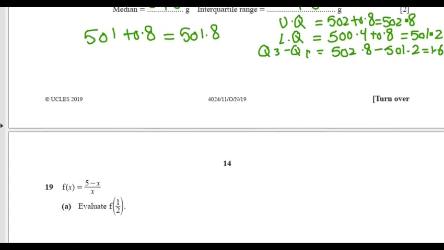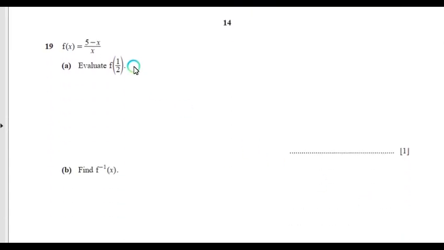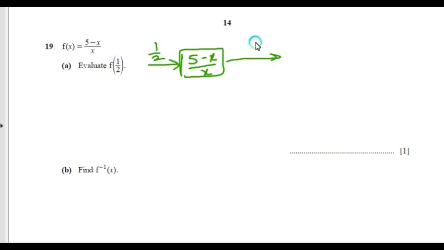And the lower quartile will be 500.4 plus 0.8, which gives you 501.2, right? So the interquartile range, or Q3 minus Q1, will be 502.8 minus 501.2. Again, this is the same 1.6, right?